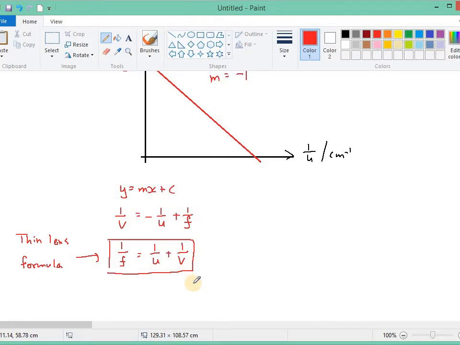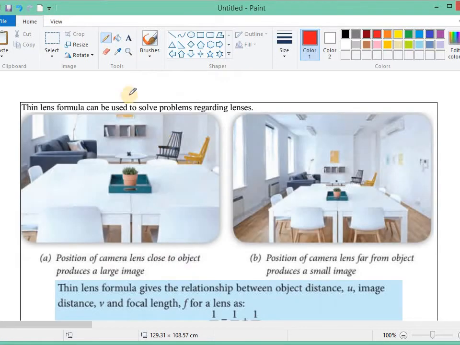Later we will see how we do that. So the thin lens formula can be used to solve problems regarding lenses.